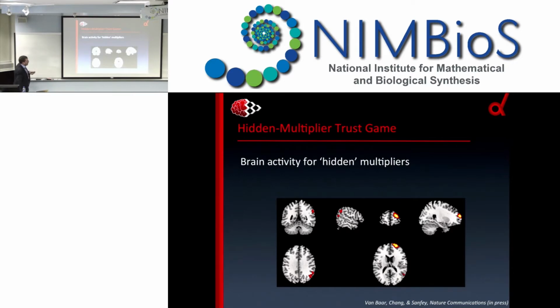Firstly, just some little pictures of brain activity. These are sanity checks for us. What I'm showing you here is the additional activity in the brain in the times 6 and times 2 multiplier conditions, the conditions where something different is happening, compared with the standard times 4 condition.